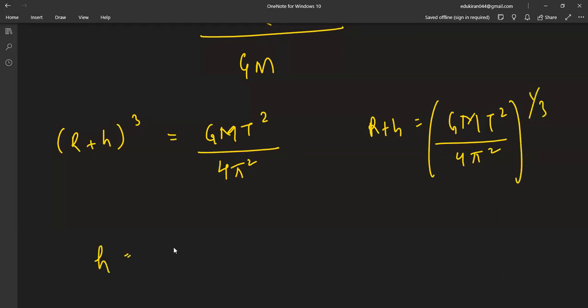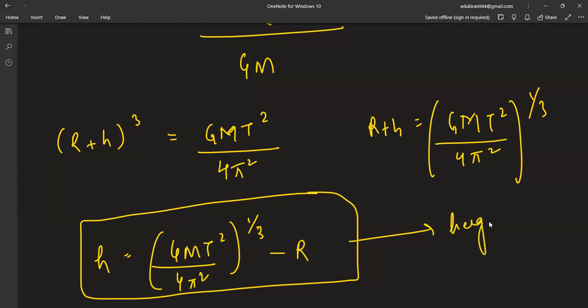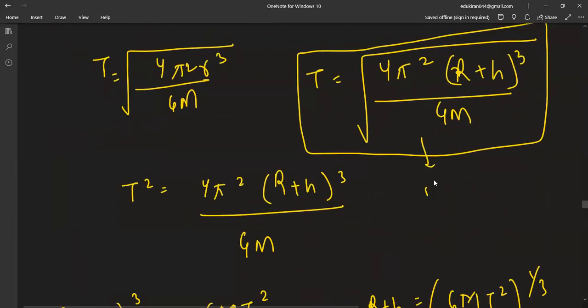So finally height is GM T square by 4 pi square to the power 1 by 3 minus radius. So this is the formula of height. Both of these you have to remember. This is height, whereas this is time period.